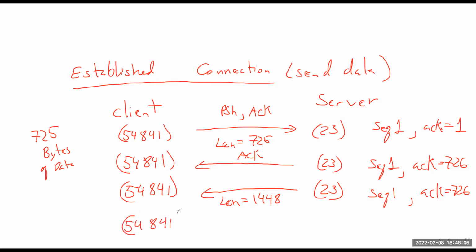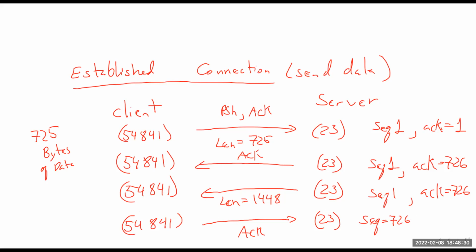And then finally over here, you can see 54841, maybe that's all that it wanted. So they're not going to send any data back, but they still need to ACK that they received that data, right? So here the sequence number is now set to 726, because if they were sending more data, that's where it should start.